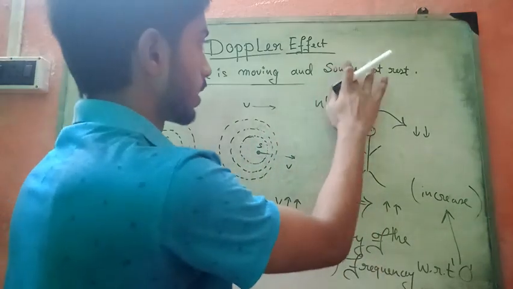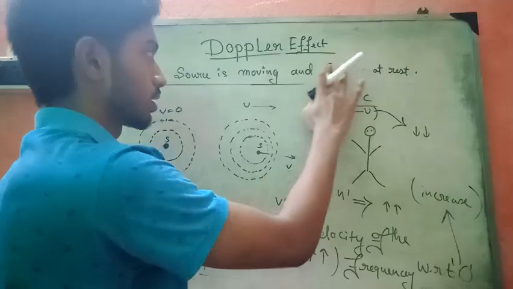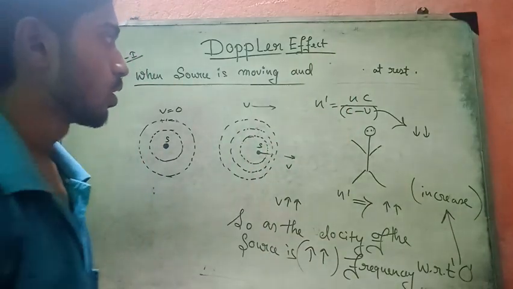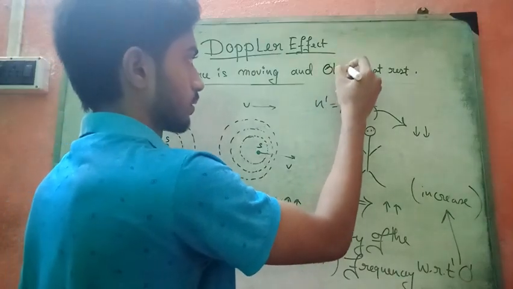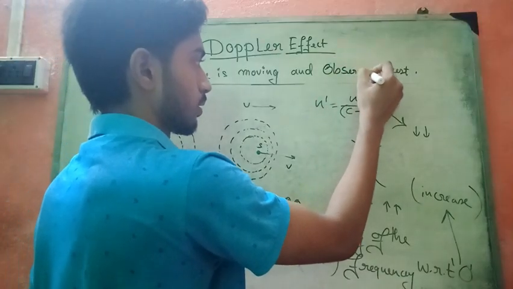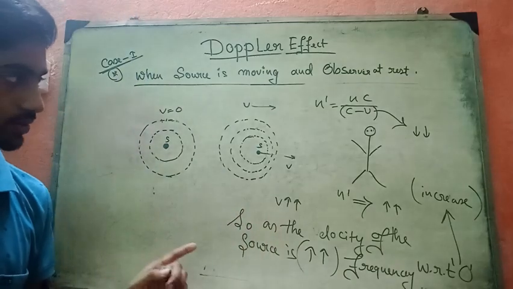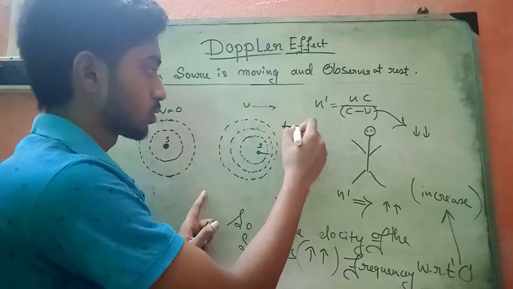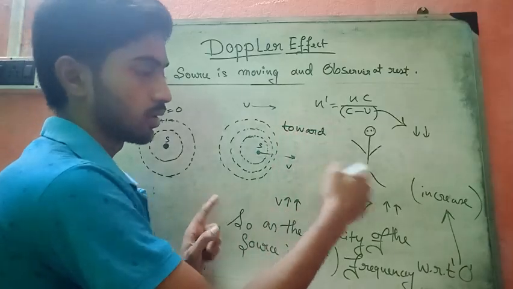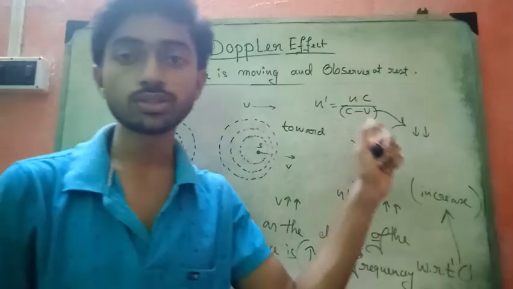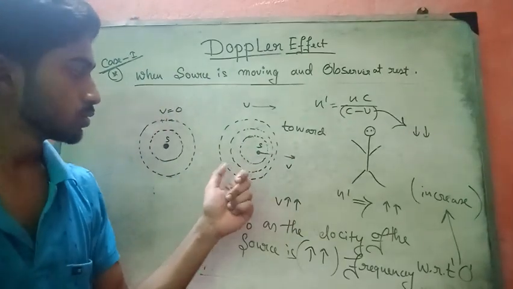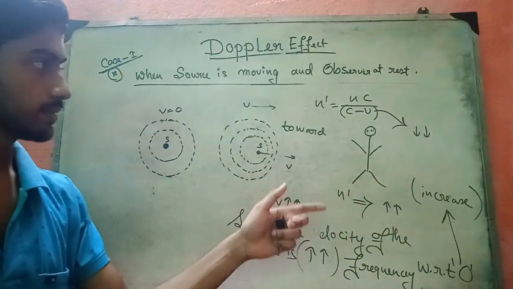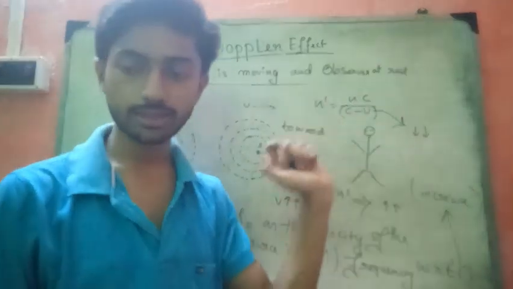Okay, so here is a minor mistake. So this is not the source. When the source is moving and the observer is at rest, and it is moving towards the observer, then the frequency with respect to the observer is n dash equals n c by c minus v.